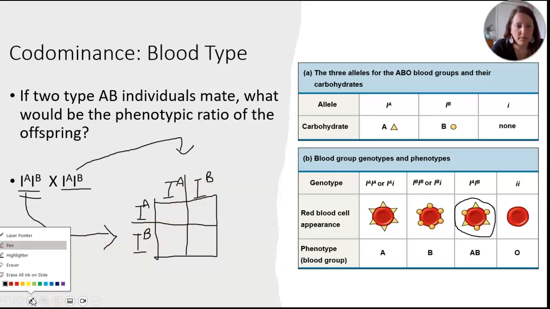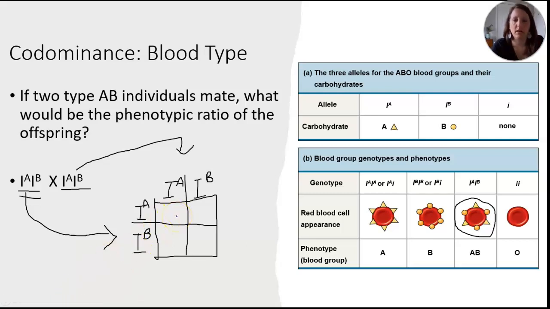So let me grab a different color here. Inside the box of my Punnett square, I'm going to show the product, right? So I'm going to show the offspring. So if IA and IA come together, I'm going to end up with offspring that are IA IA. And if I move from left to right, go to my next box over, oop, I'm writing that wrong, hold on.